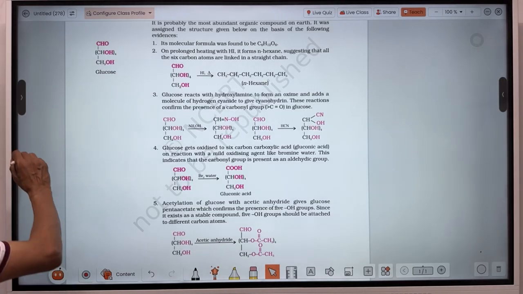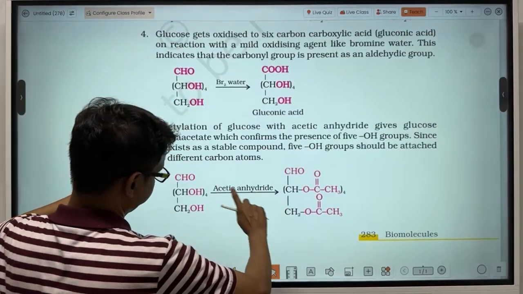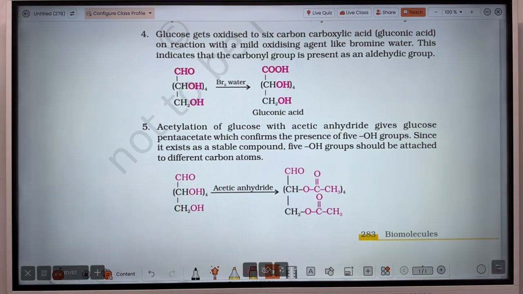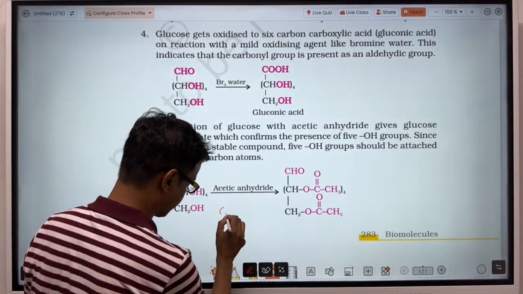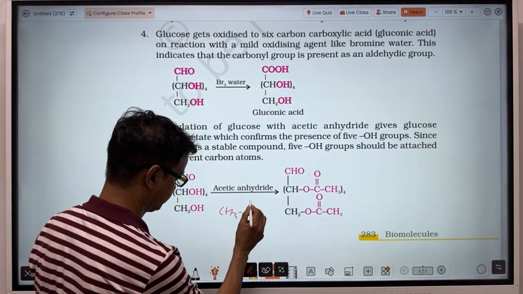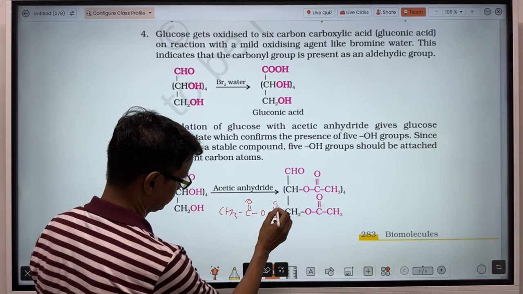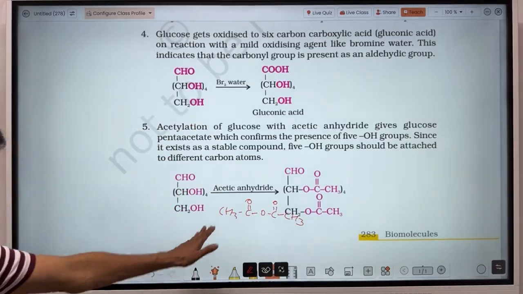Okay, when glucose reacts with acetic anhydride, about the acetic anhydride reactions, you know already the structure is like that. Acetic anhydride, this one.